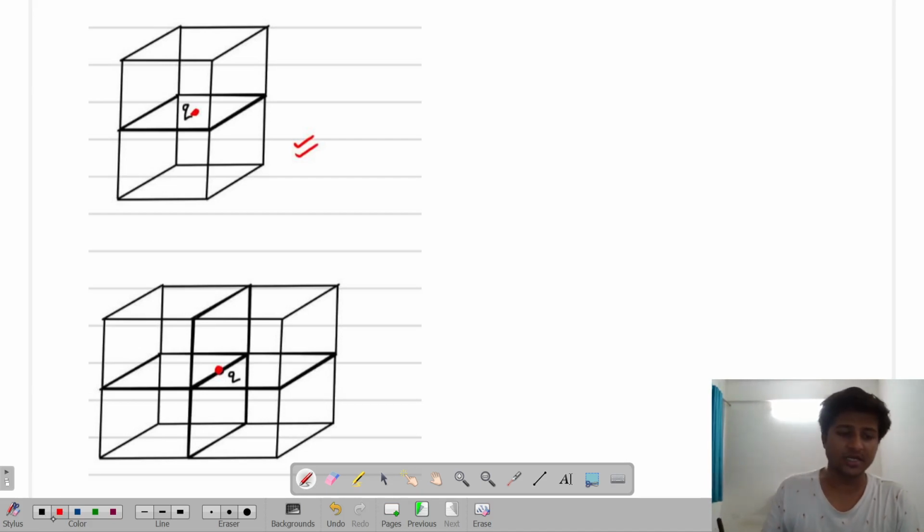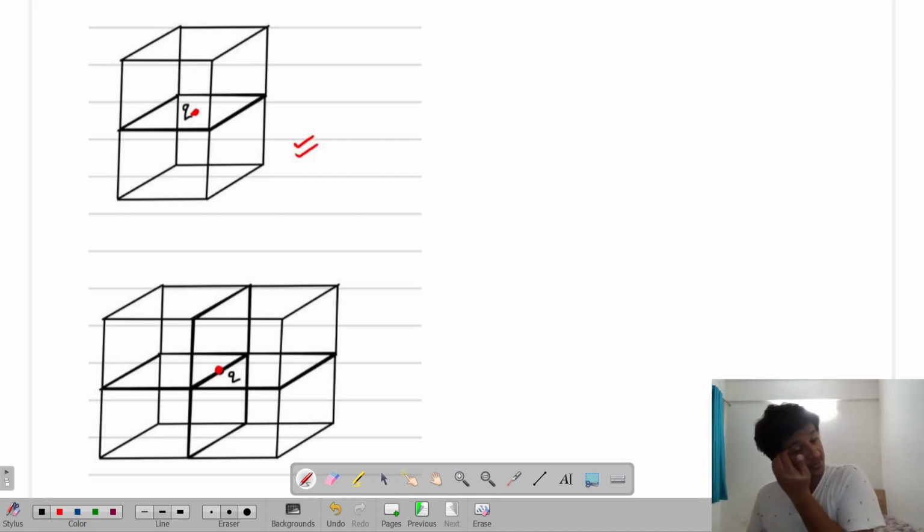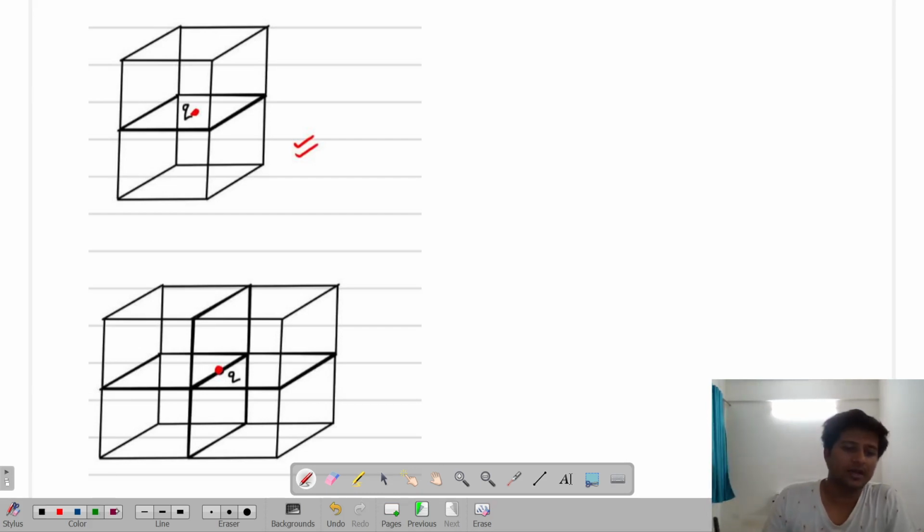Have you studied solid state physics, solid state chemistry? There it will be explained that when I place a charge on one of the faces, then half of the charge is outside and half of the charge is inside.